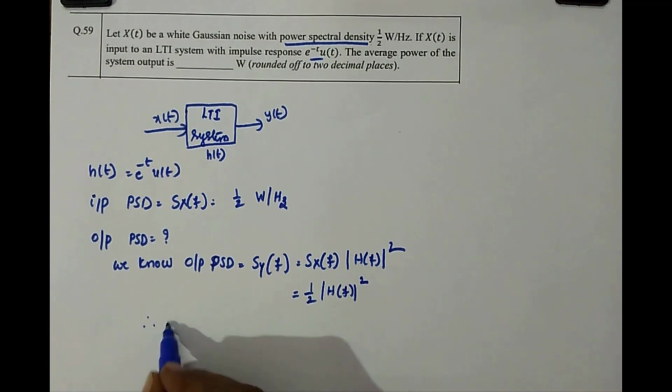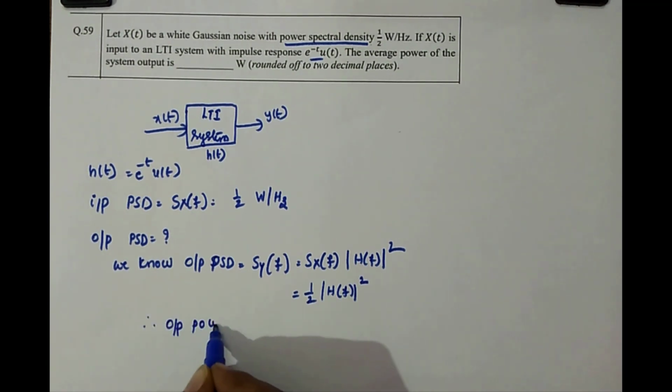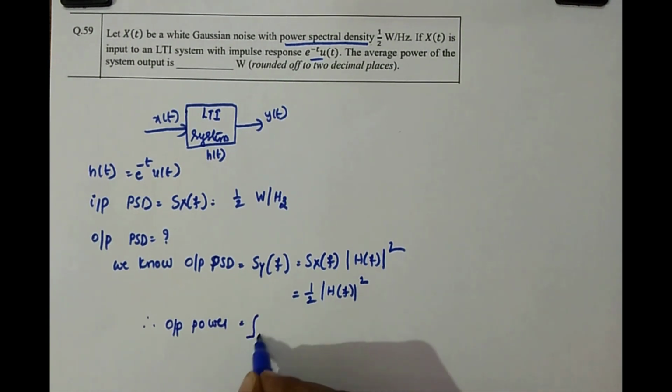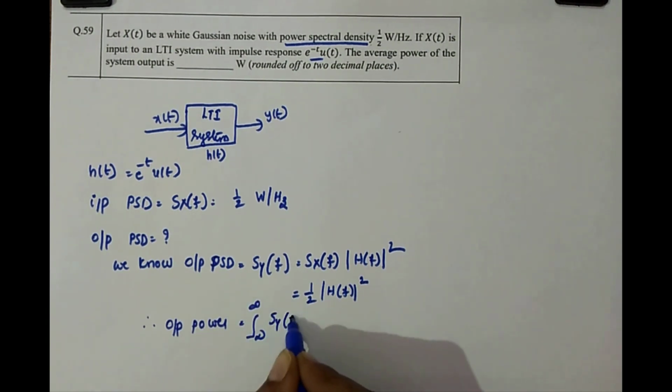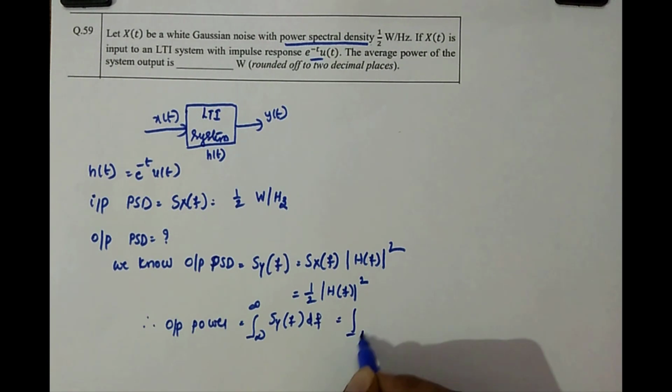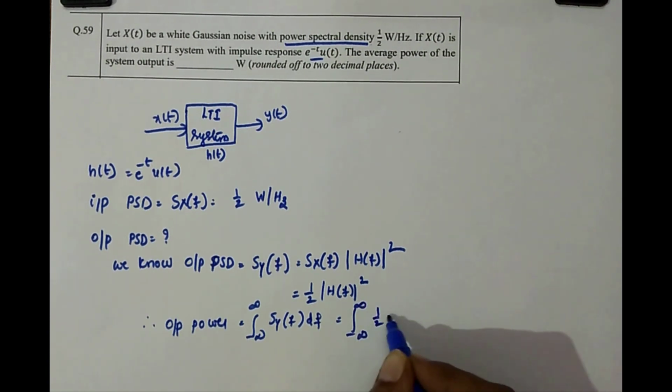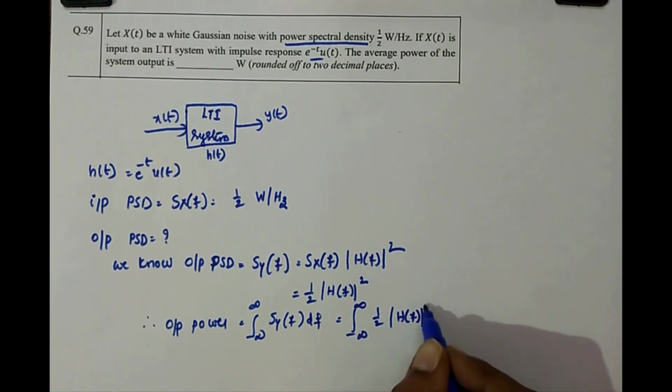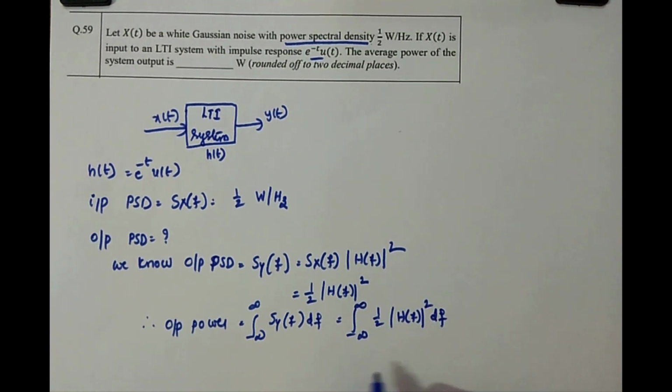Therefore, output power is equal to integral minus infinity to infinity Sy of f df. That is, you just apply integration here also, half into mod h of f whole square df, half into integral minus infinity to infinity mod h of f whole square df.